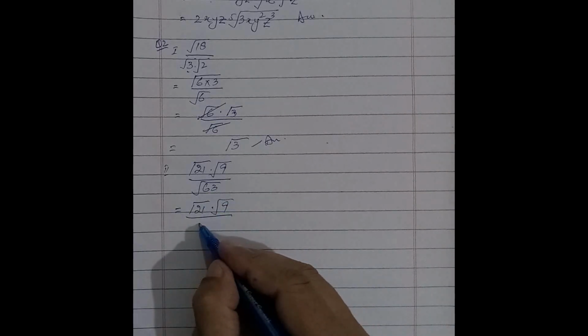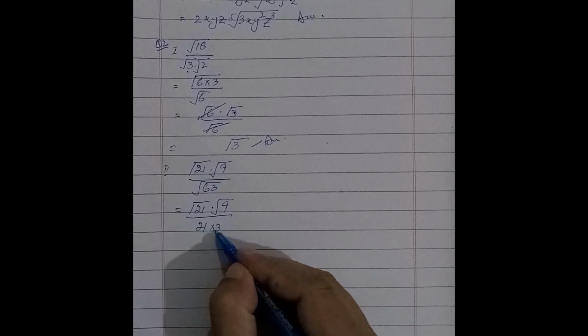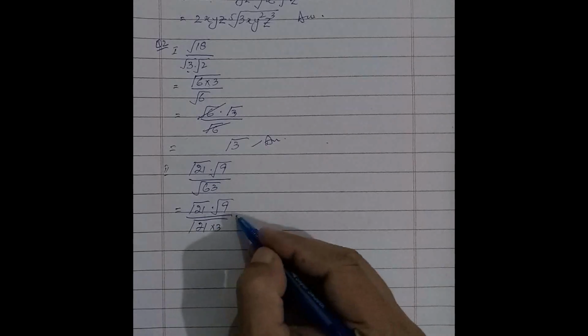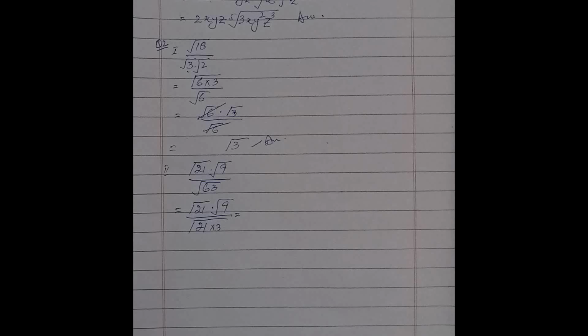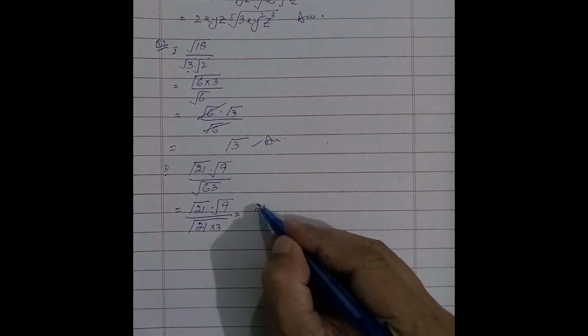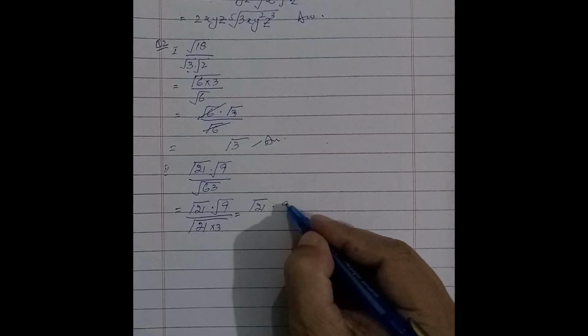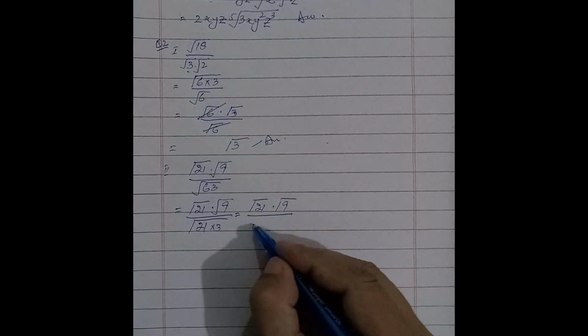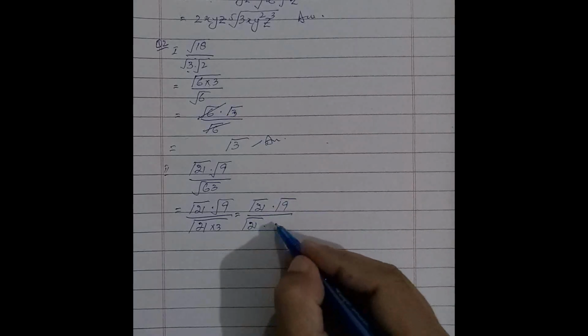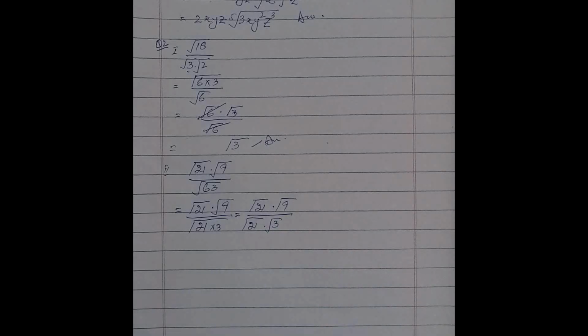We write 63 as 21 into 3. Now we take the square root of individual values. We get square root of 21 into square root of 9 over square root of 21 into square root of 3.